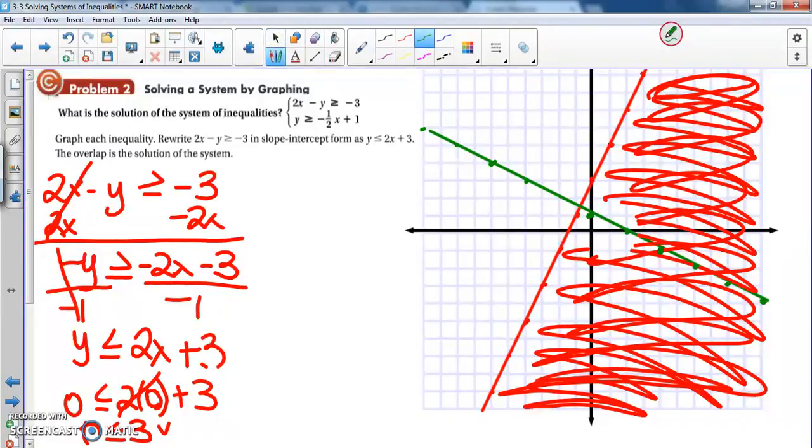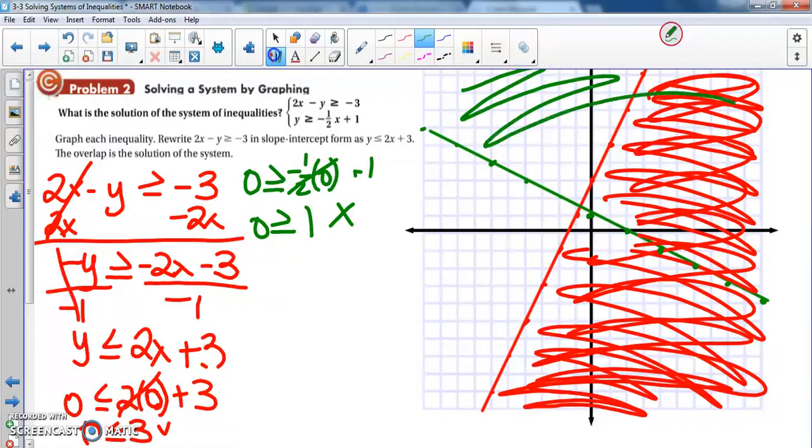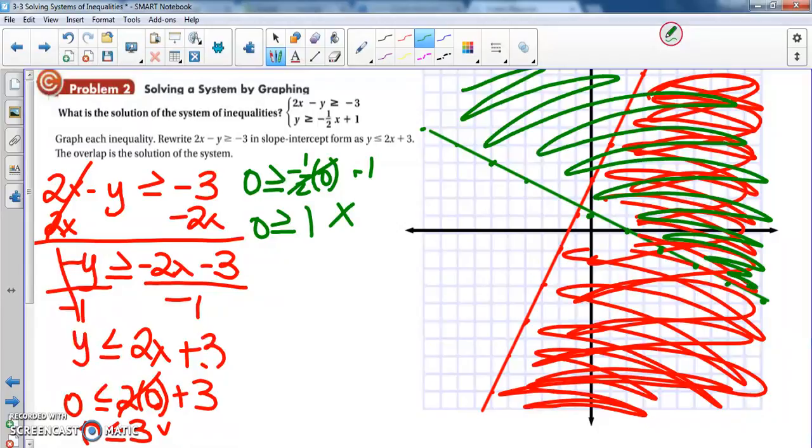In order to figure out where I'm shading, I'm going to pick 0, 0. So is 0 greater than or equal to -1/2 times 0 plus 1? Is 0 greater than or equal to 1? No. So we're not going to shade the side where 0, 0 is. We're going to shade the opposite side.